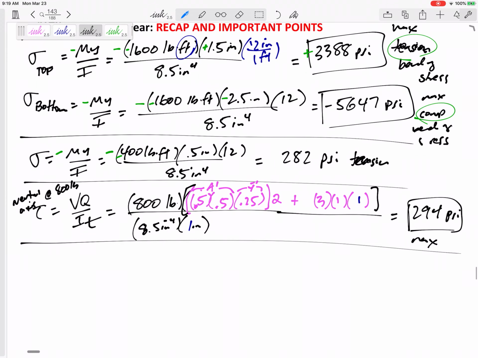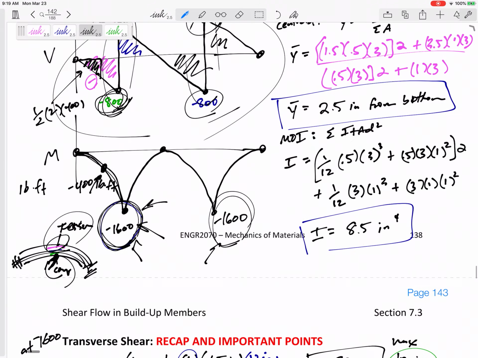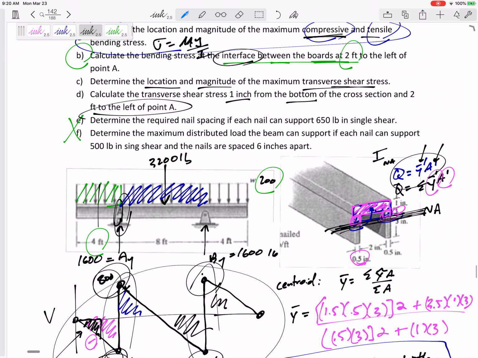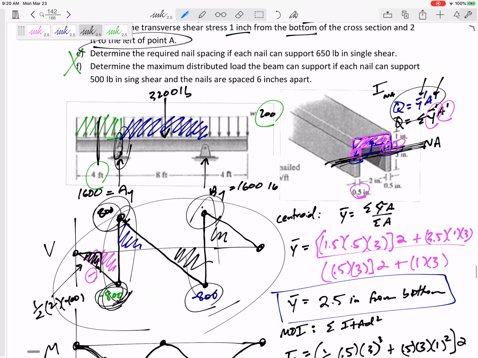All right, but what if it wanted to know the VQ over IT? So the next part D, what is the VQ over IT? 1 inch from the bottom and 2 feet to the left of A. So I need to cut it right here. So I need to use this value for V, 400, right?